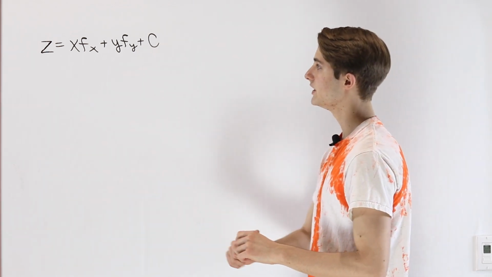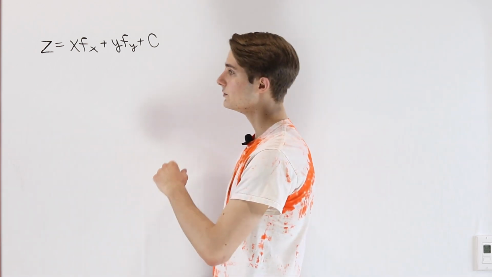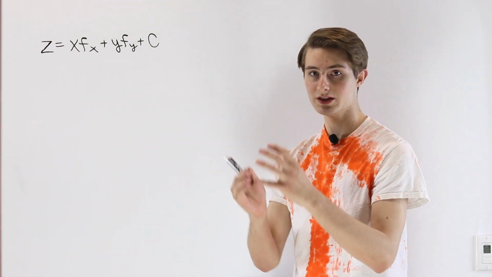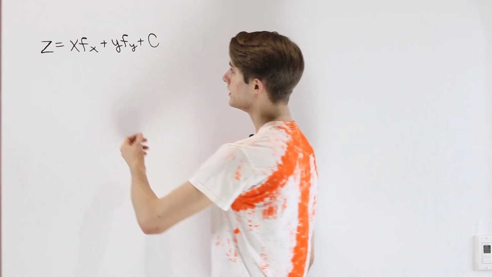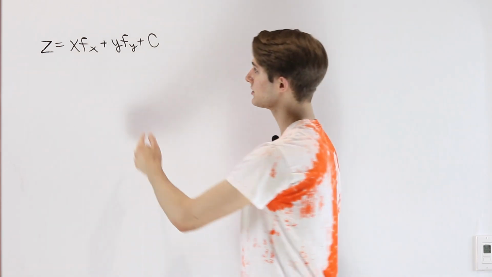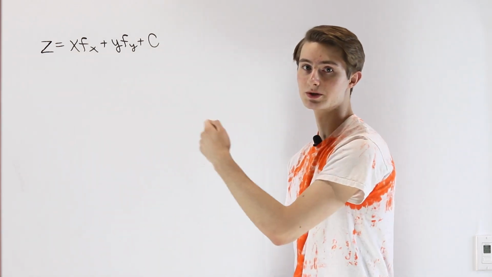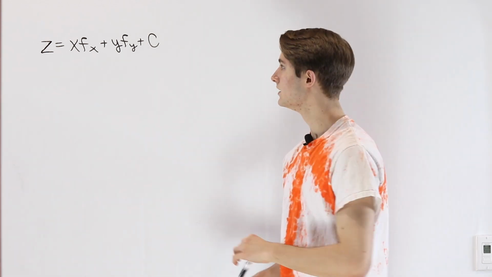So this equation here, where z is the output of our function, is saying that we can describe the points in those regions as a linear function or a plane in terms of x times the partial derivative with respect to x plus y times the partial derivative with respect to y plus some constant value.